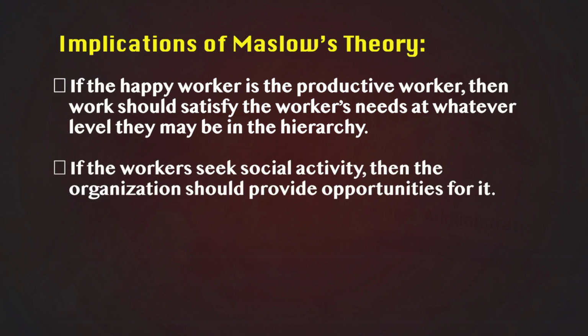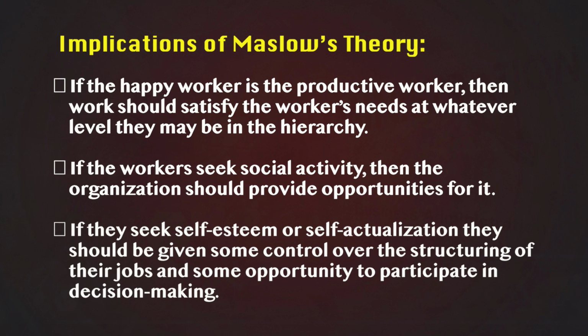If the workers seek social activity, then the organization should provide opportunities for it. If they seek self-esteem or self-actualization, they should be given some control over the structuring of their jobs and some opportunity to participate in decision making.